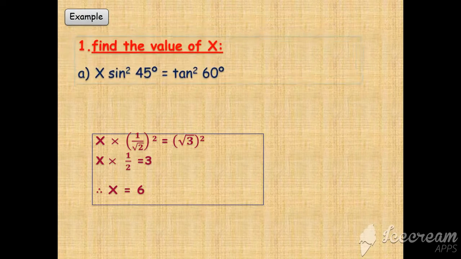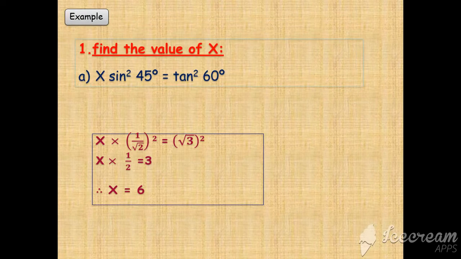Another one, find the value of x when x multiply sine square 45 equals tan square 60. First, replace sine 45 with 1 over root 2 and tan 60 with root 3. Then the equation will be x multiply 1 over root 2 power 2 equals root 3 power 2.